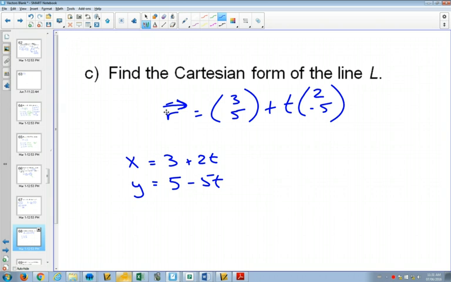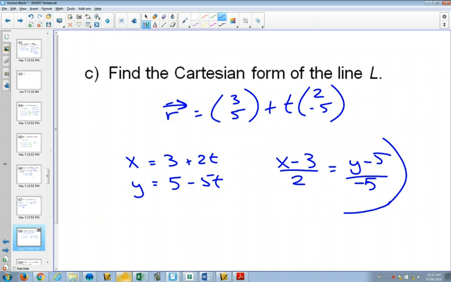And once you have the parametric form, then you can rearrange those to get your Cartesian form.